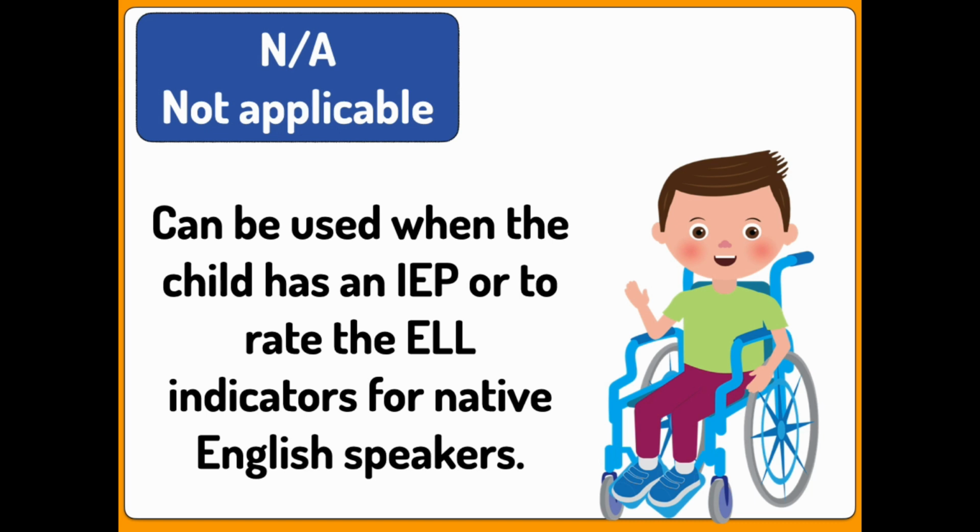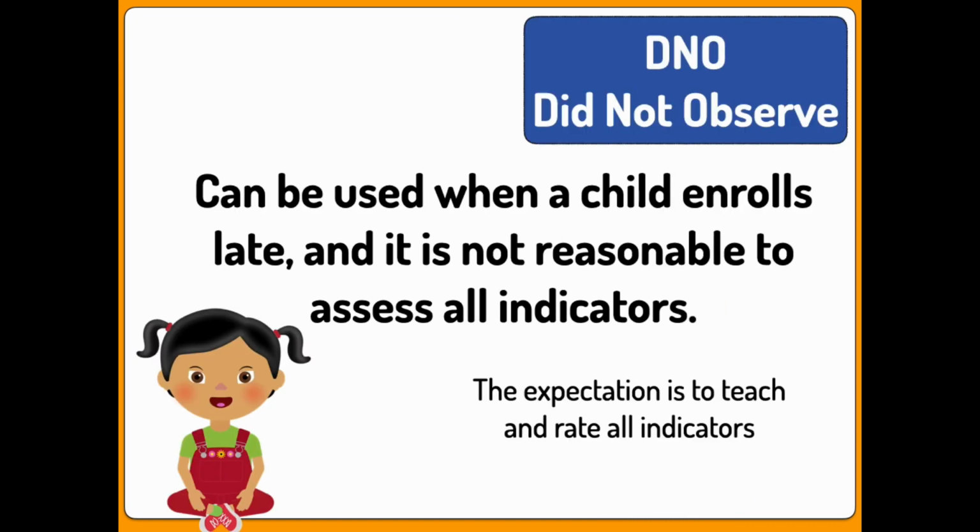DNO is often used when a child has excessive absences or might enroll later in the year. So for example, if a child comes to you in October, you can't possibly teach and assess everything that you've done in August and September.